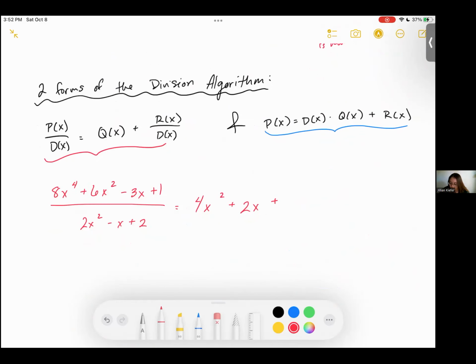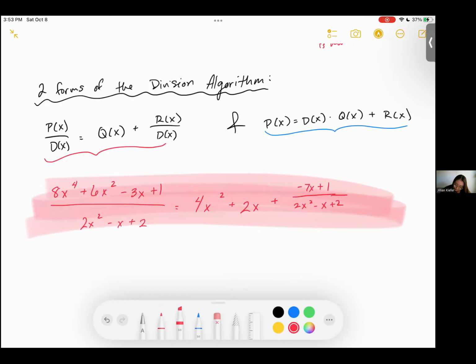So we write negative 7x plus 1 divided by 2x squared minus x plus 2. There we go. So that is one form of the division algorithm. So that's one way to write your answer.